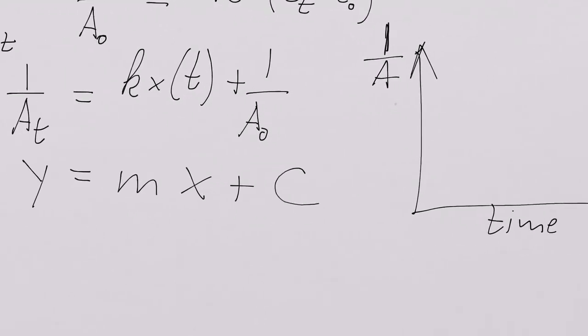And what does the graph then look like? Up or down? It goes up this time. It would start here, and it goes like that. This point here is the 1 over A starting point. And the gradient, in this case, is again our rate constant.